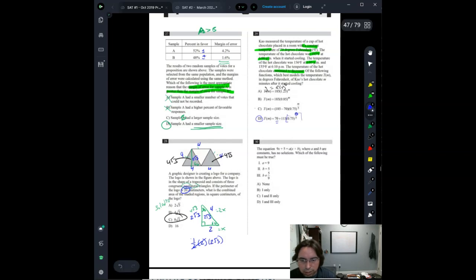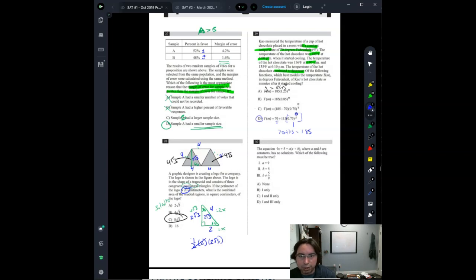And then 0.75 to the 0 power is just 1. So anything to the 0 power is 1. So 115 times 1, you're just giving me 70 plus 115, which gives me 185 degrees, which is what the temperature of the cup of coffee is at the very start.